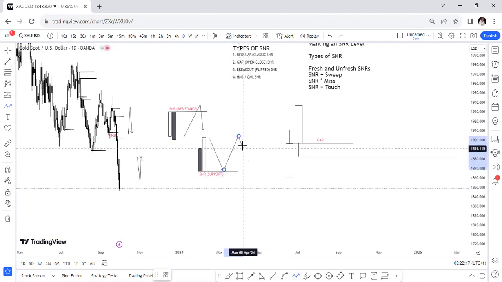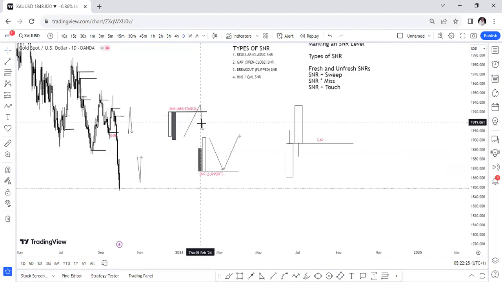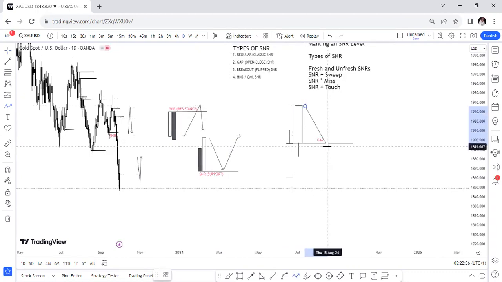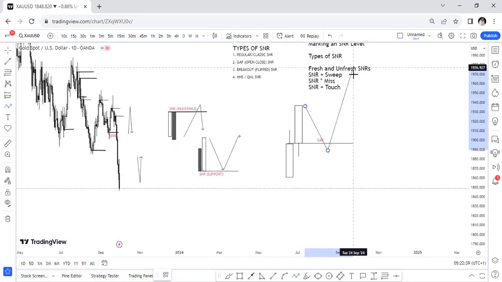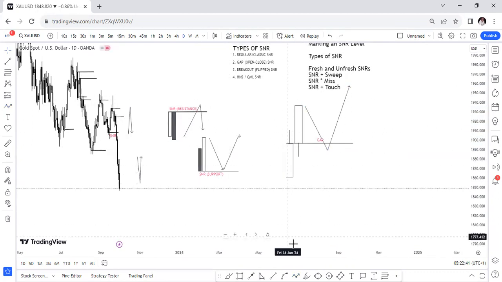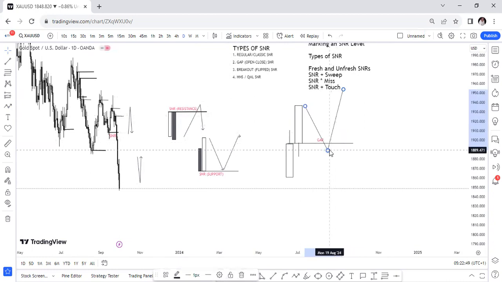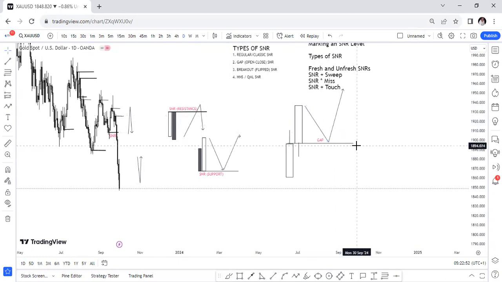That's what we are looking for. We want to buy into this support rejection, then sell into the rejection of the resistance level of that SNR. Therefore, with the gap, we want to buy whenever price comes back and taps into this gap and gets rejected above. But eventually, if it is broken through, we will talk about that when we come to breakout.